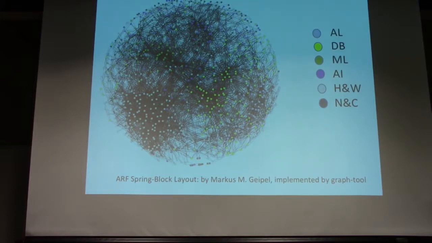Where is the x or y coordinates of the nodes? How can you present those? Yeah. Oh, so I have to talk about the layout, which is the ARF spring block layout, by which the vertices get an embedding in two dimensions. This layout was presented by Marcus around 2007.